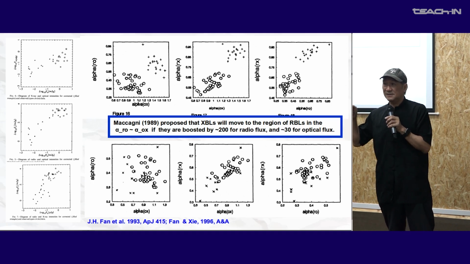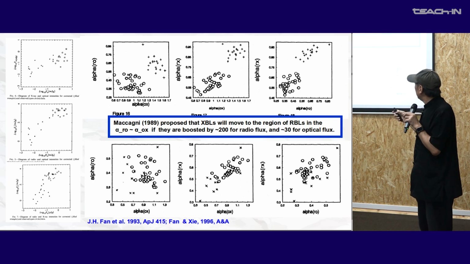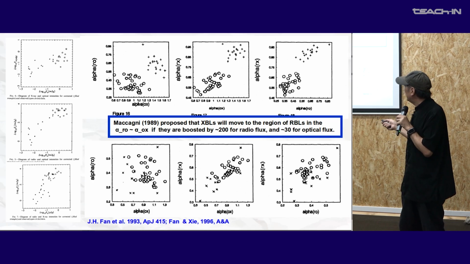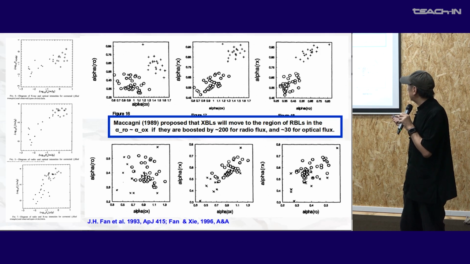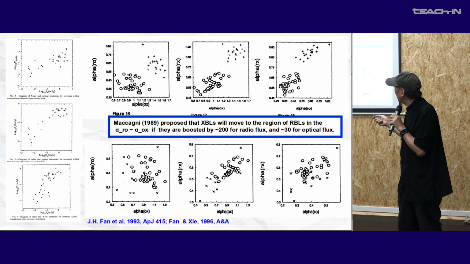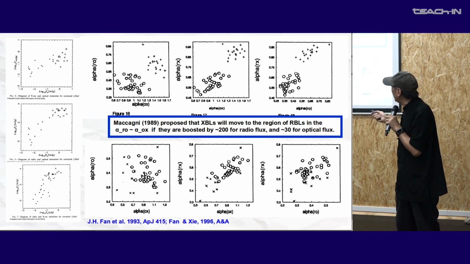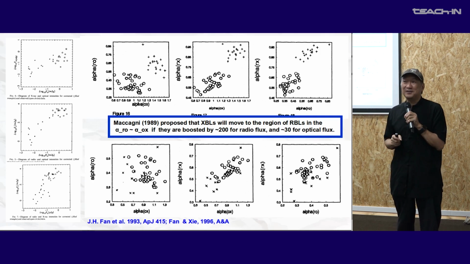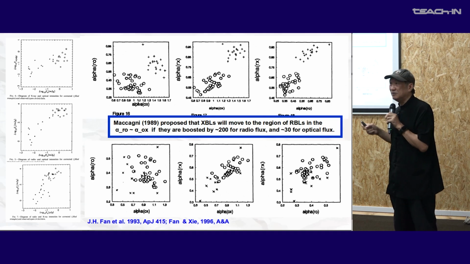He said that if XBL is boosted by about 200 times in radio flux and 30 times in optical, then the XBL will move to the RBL region.